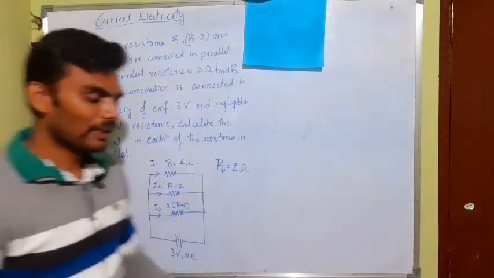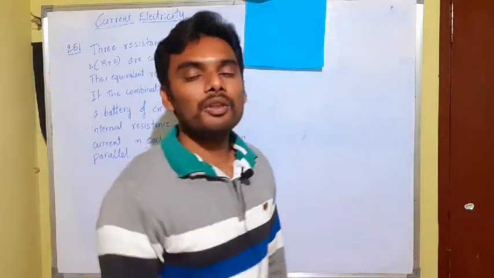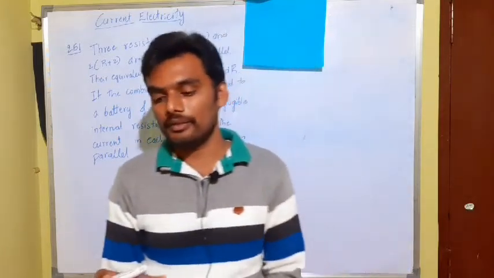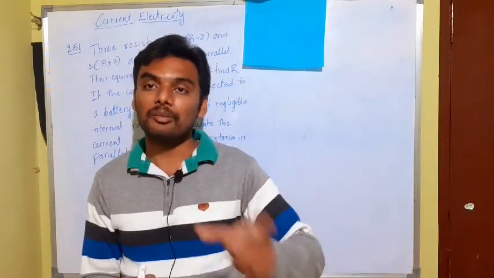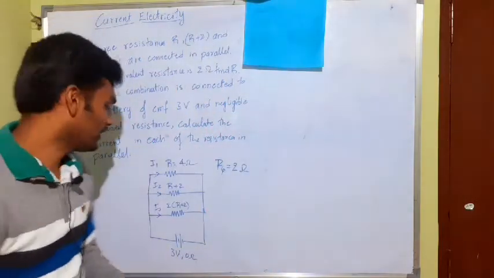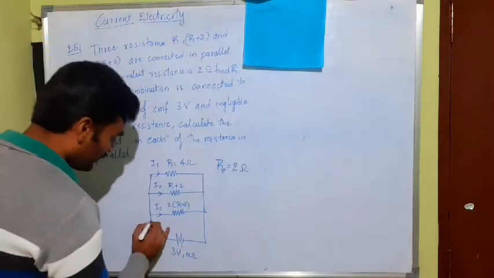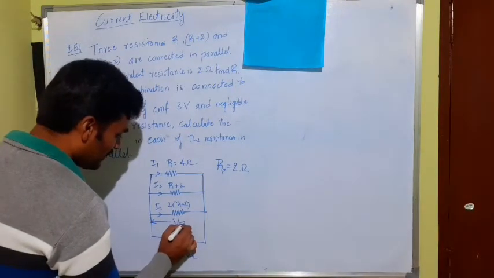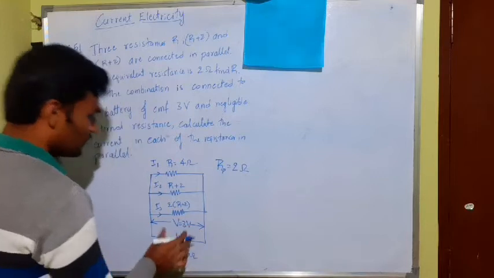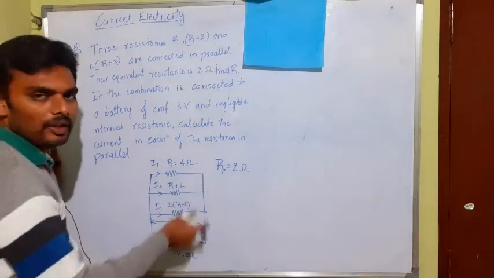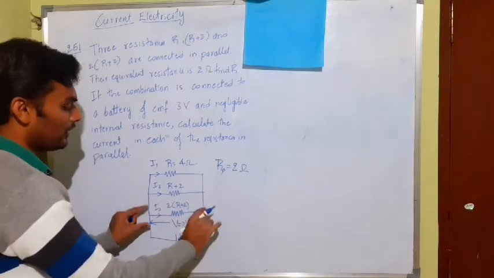When we have negligible internal resistance, both EMF and voltage of the battery, which means EMF and TPD of the battery, will be same, isn't it? We know that, right? So voltage across all the 3 resistors, and the entire combination, is 3 volt, because they are connected in parallel, right?